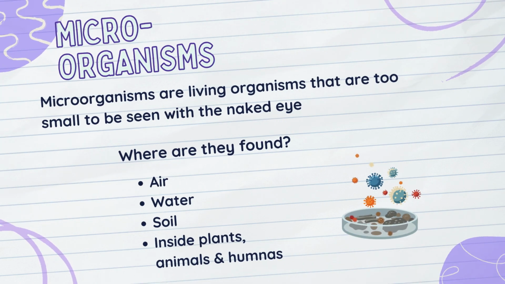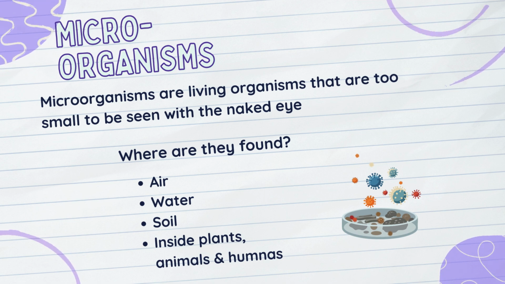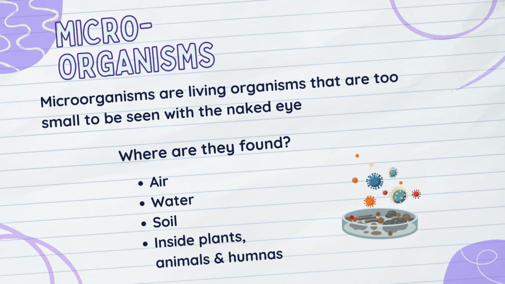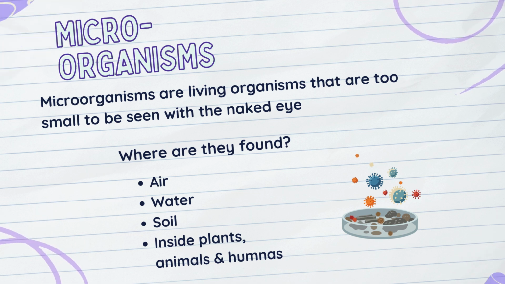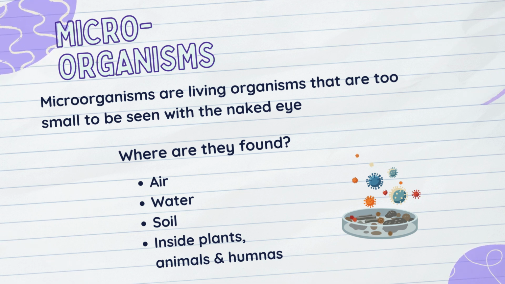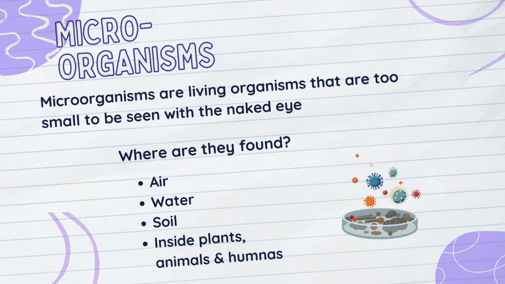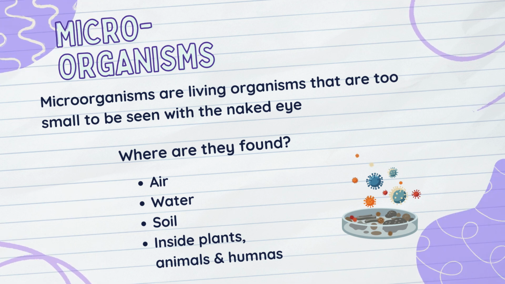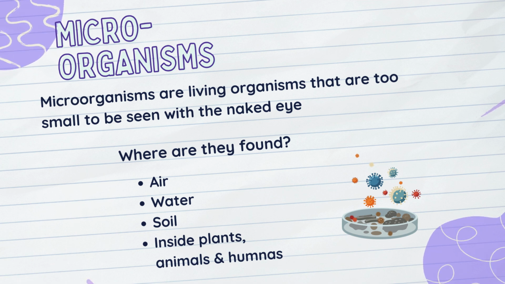So what are microorganisms? Microorganisms are living organisms that are too small to be seen with the naked eye. You are able to see them by using a microscope. And you find these microorganisms in the air, water, soil, inside plants, animals, and humans, and even on plants, animals, and humans.